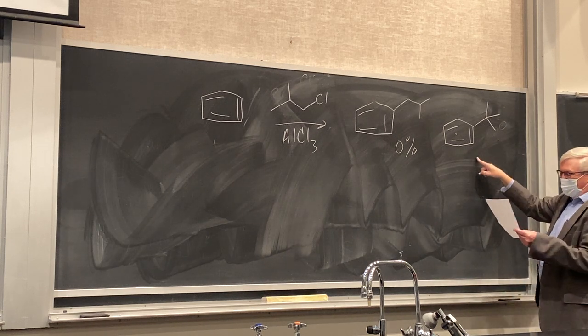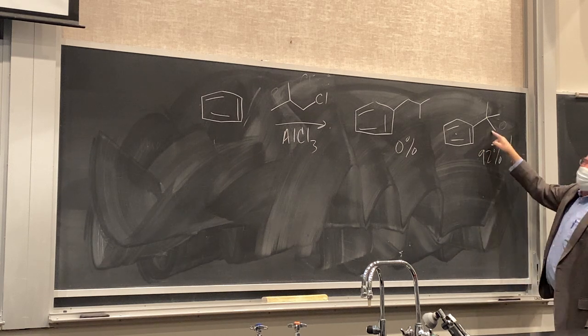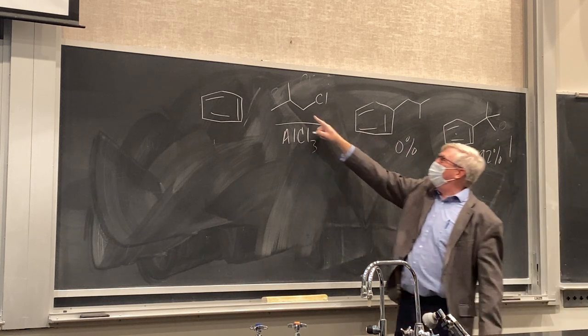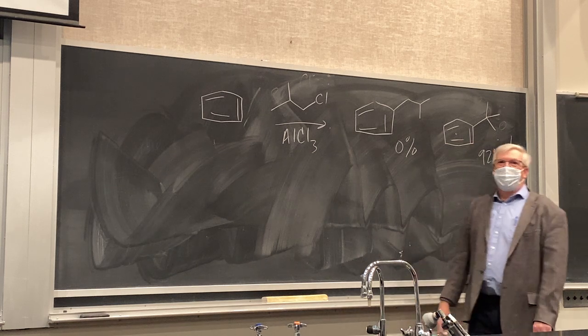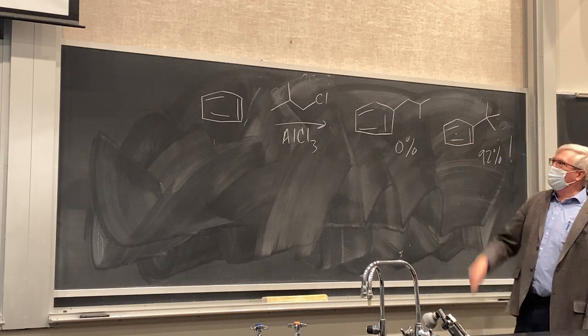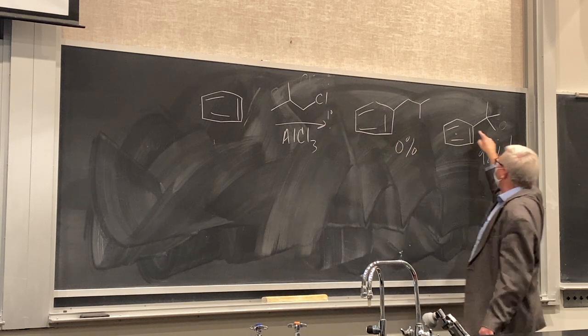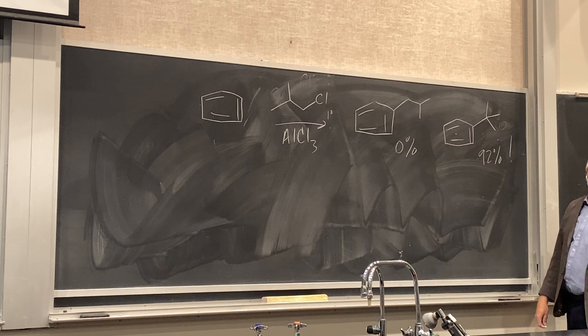In fact, you get this in a 92% yield. And that's not a typo. I didn't make a mistake here. This guy here, I'm sorry, isobutyl chloride, it's primary. Isobutyl chloride reacts under Friedel-Crafts conditions to give tert-butylbenzene.